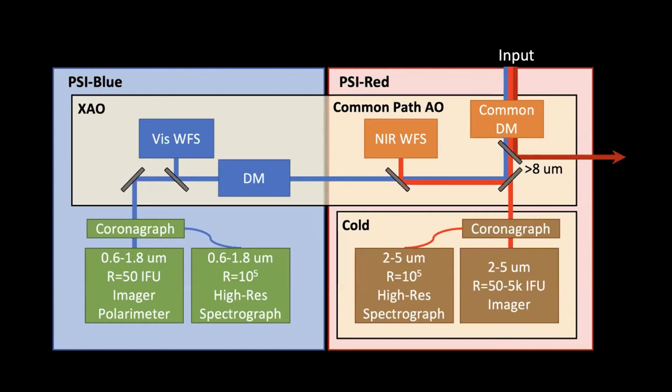From there, the light is split into several different paths. One goes to what we call PSI 10 for the longer wavelength observations, and the other to PSI blue for shorter wavelength observations. And PSI blue has a second stage adaptive optics system to support those shorter wavelength observations.